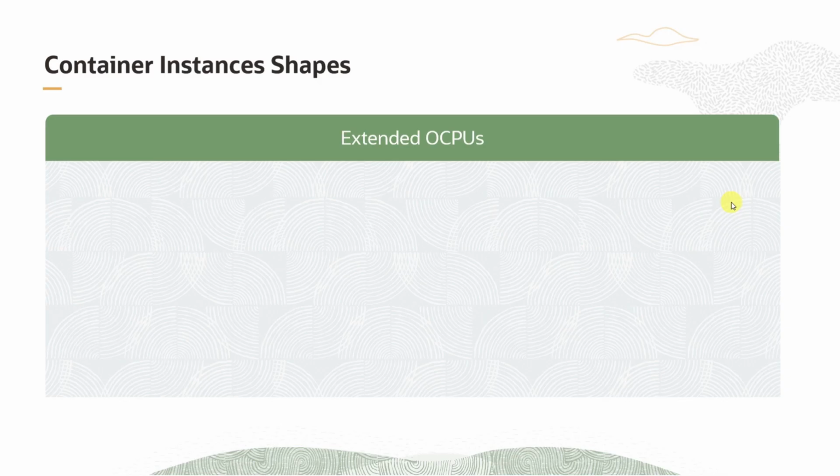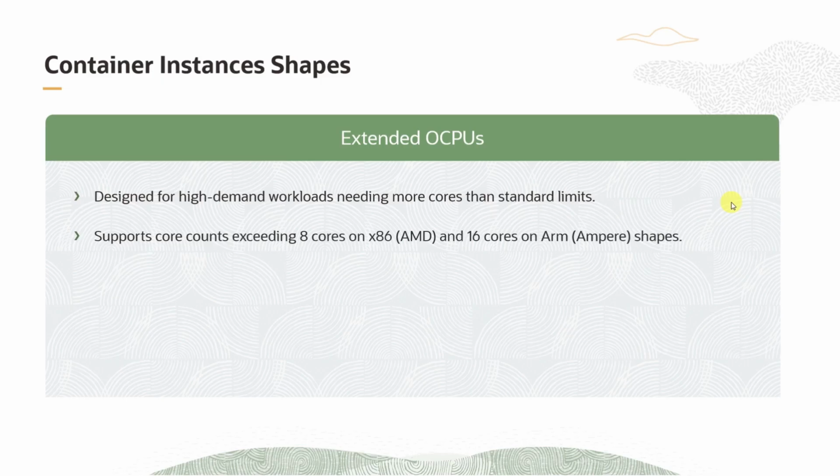Extended OCPU container instances are designed for demanding workloads that need more cores than the standard configurations. With extended OCPU container instances, users can exceed the regular core limit, accommodating high performance applications that require additional processing power.